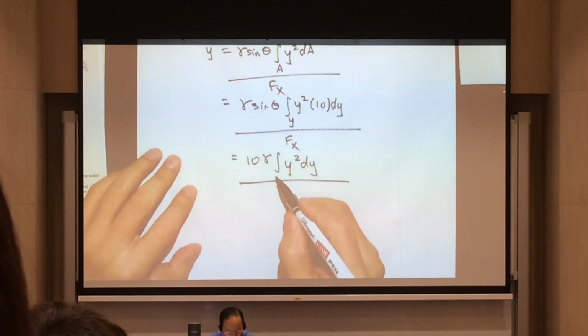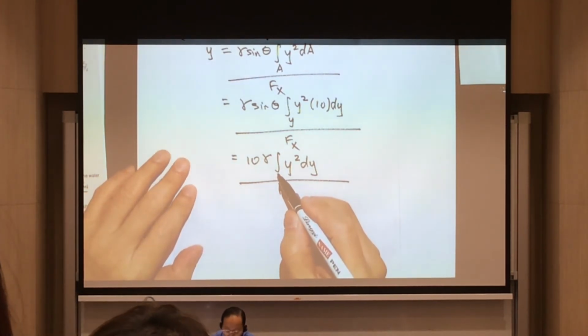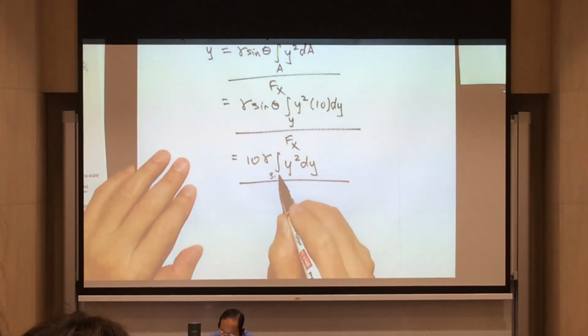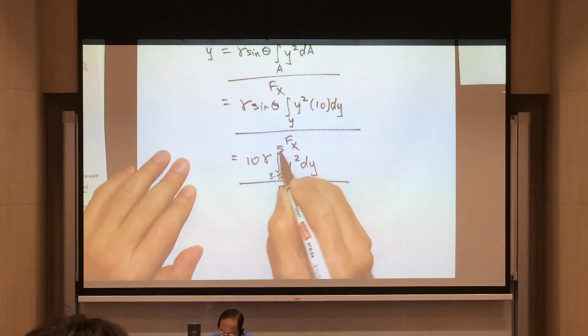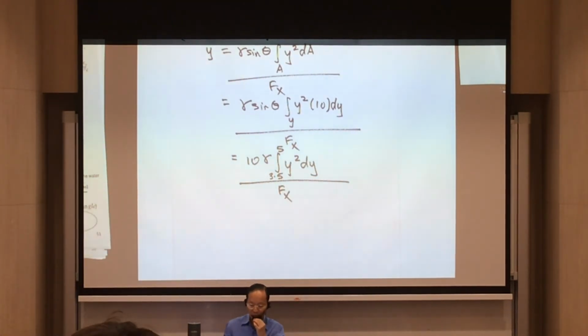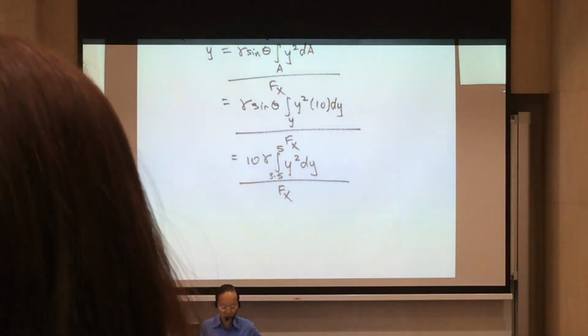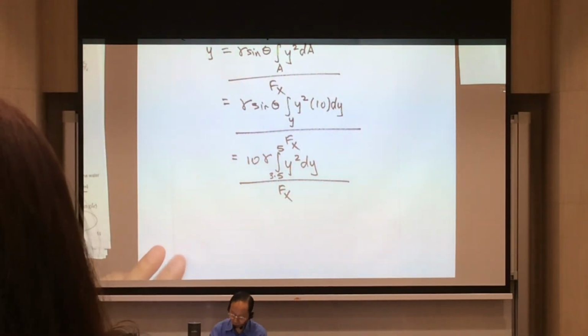It's 3.5 to 5. It's from point A to point C.